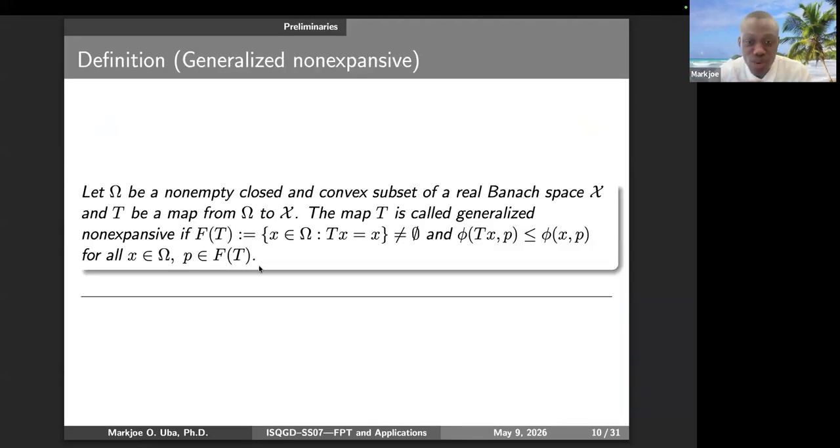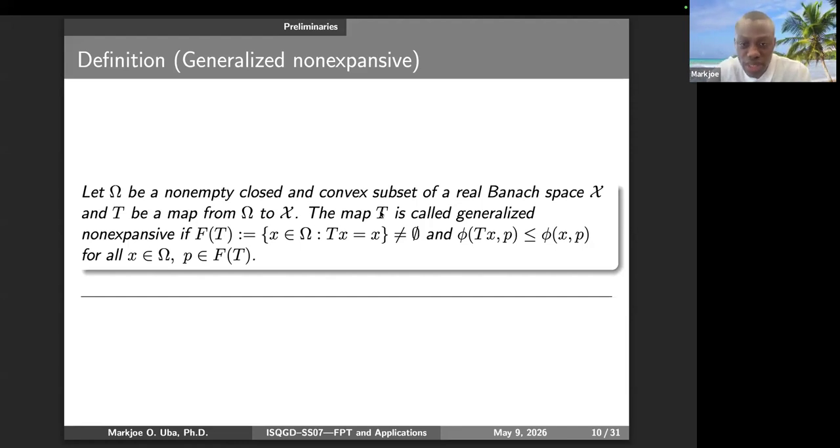Now, the next thing is to look at what is called a generalized non-expansive map. I think this was introduced by Takahashi and his group. Let gamma be a non-empty closed and convex subset of a real Banach space, and T be a map from this convex set to the main space.